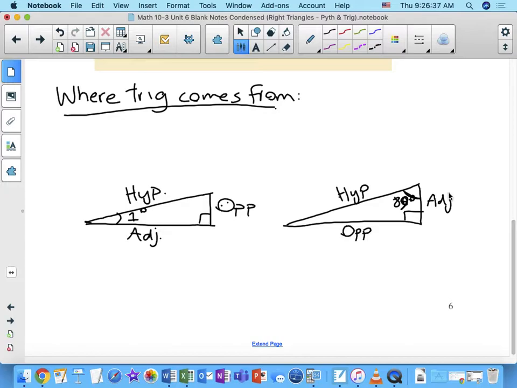Okay, now back to where trig comes from. Mathematicians a long, long time ago thought, you know what? So much of our world uses right angles. It might be really useful to store the information around the ratios of side lengths in every right triangle in a book somewhere.